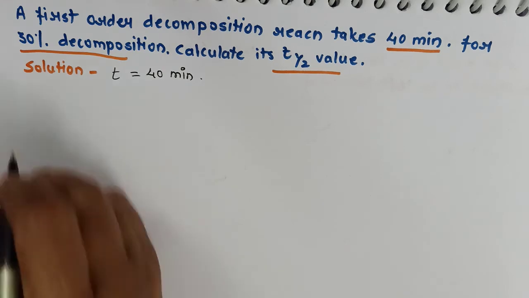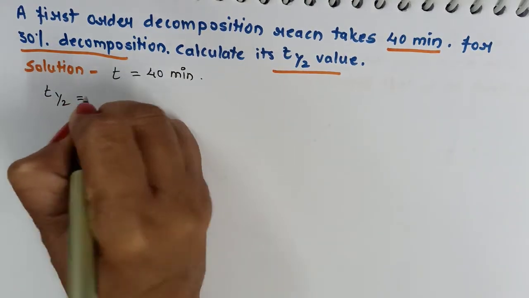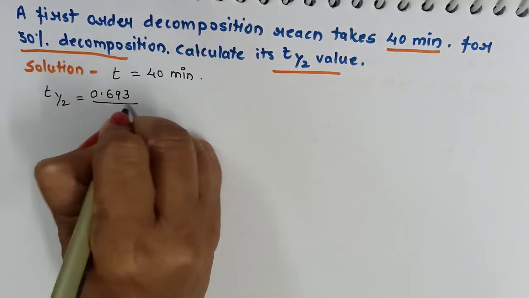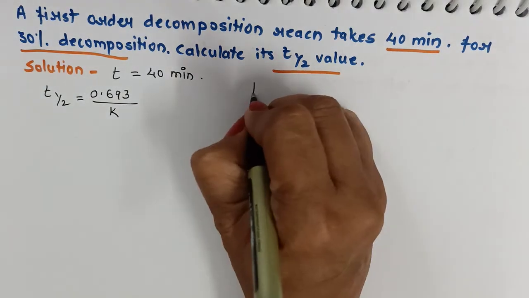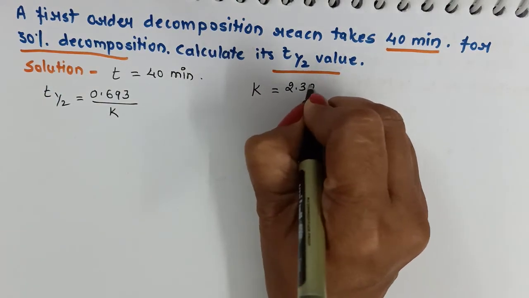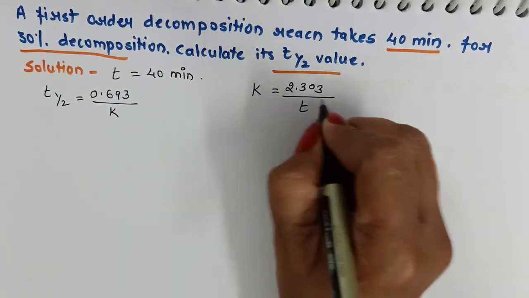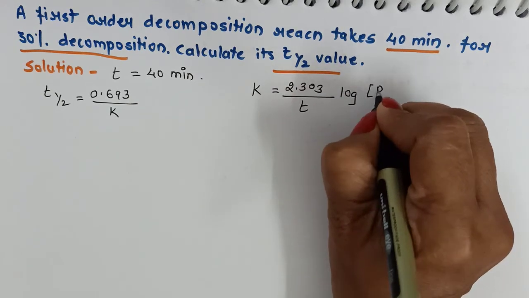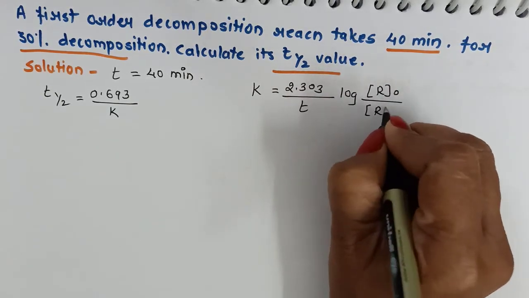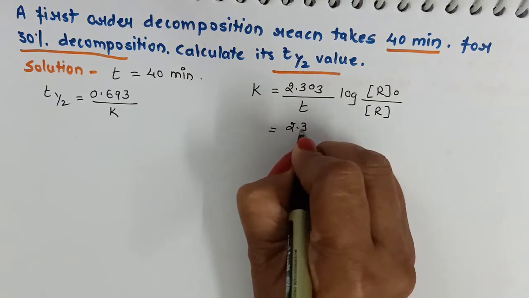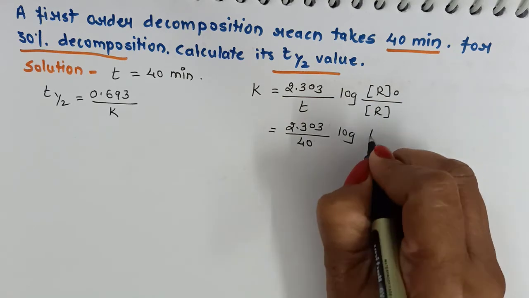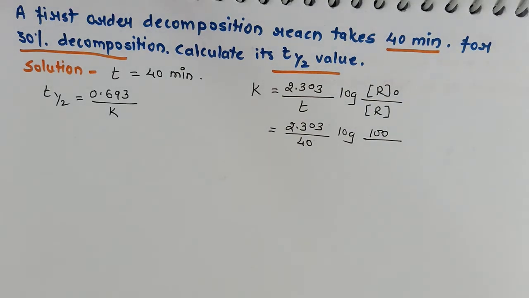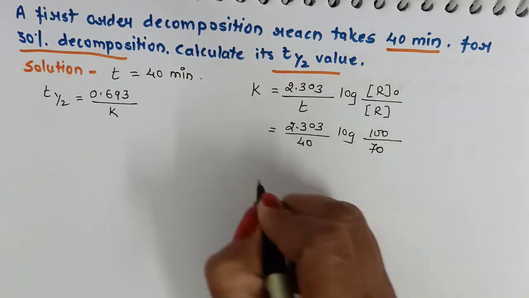We know for a first order reaction, we can calculate T half by the formula 0.693 upon K. But we don't have the value of the rate constant. So first of all, we'll calculate the value of the rate constant. It is equal to 2.303 upon T log R0 upon R. So this is 2.303 upon 40 log. Initial concentration will be 100 and 30% has been already decomposed. So how much will be left with us? 70.